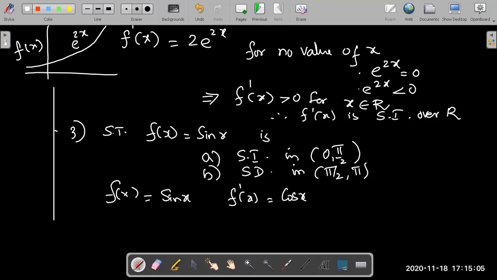Now, if you remember the cos curve: 0, pi by 2, pi, 3 pi by 2, 2 pi. We know that at pi by 2 it is 0. Like that the graph will be. This is 1, this is minus 1.